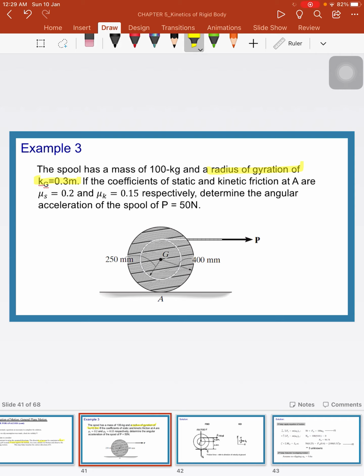If the coefficients of static and kinetic friction at A are mu s equal to 0.2 and mu k equal to 0.15 respectively, determine the angular acceleration of the spool if P equals 50 Newton.